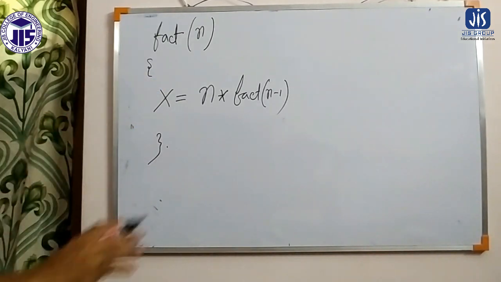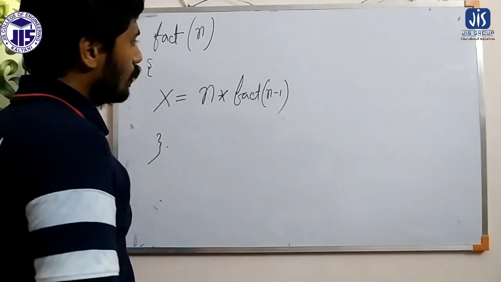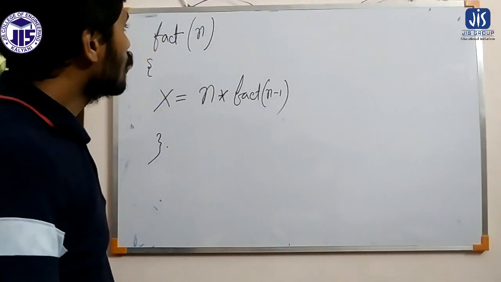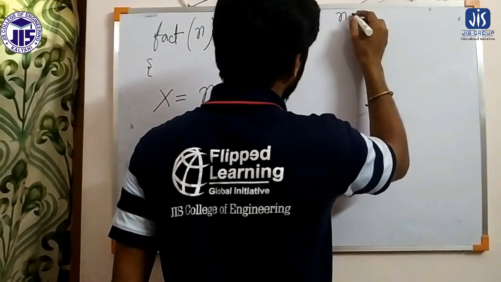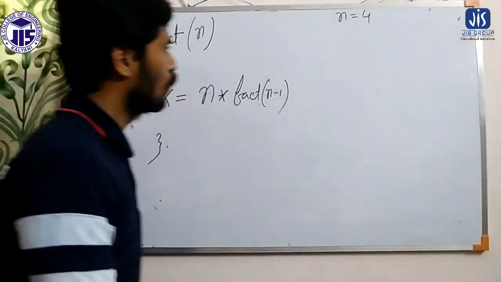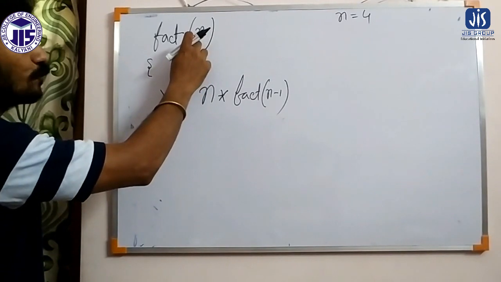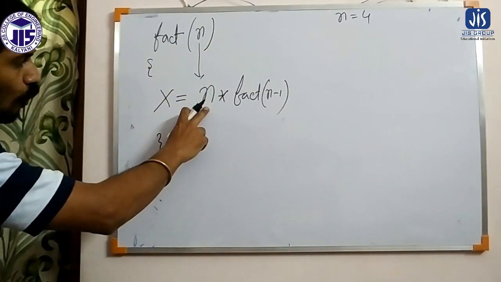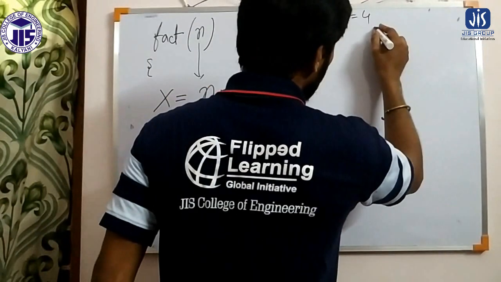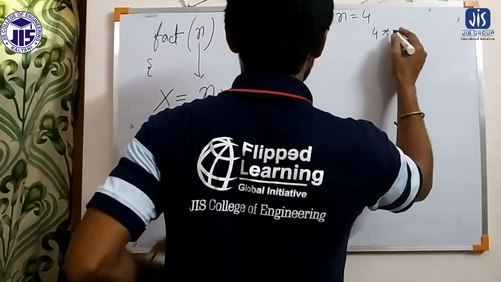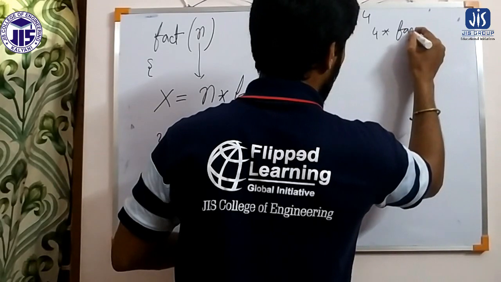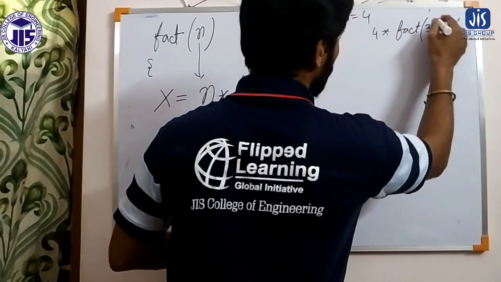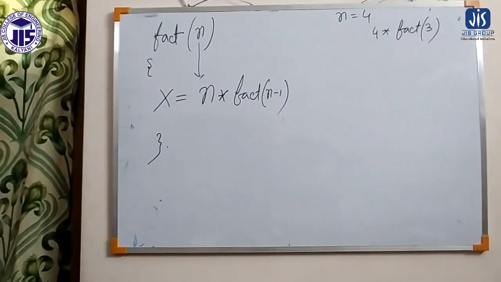I am not writing the condition, that I will show in the program, just the working principle. So if the value of n is, for example, 4, first time the value of n is 4. So when the value of n is 4, it will come here and it will be 4 into fact 3, n minus 1, fact 3.